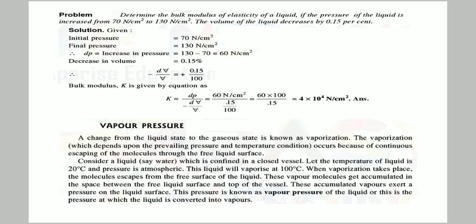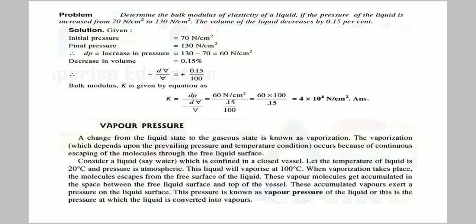So that is 0.15 by 100. Now, according to the formula, we know K is dP by minus dV by V. So dP is 60 and dV by V is 0.15 by 100. So we'll get 4 into 10 power 4 Newton per centimeter square. Oh, it's a simple problem.